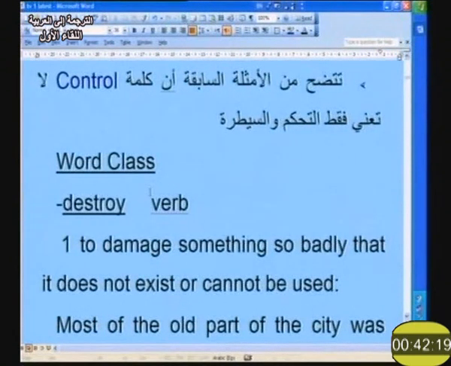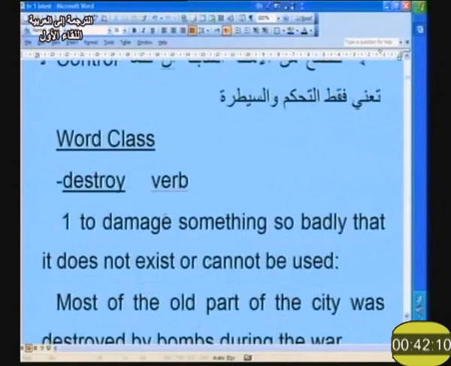In vocabulary, it's very important to realize that words are classified according to four major lexical items. These are the nouns, the verbs, the adjectives, and adverbs.